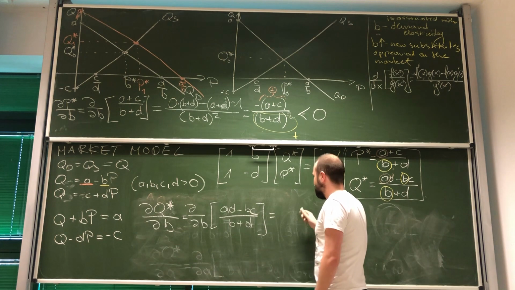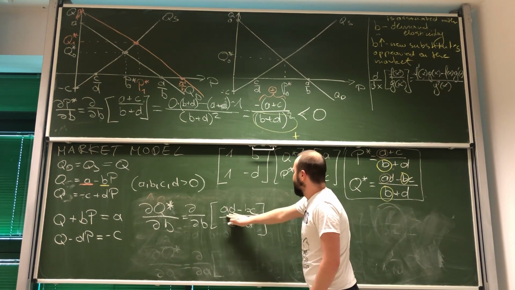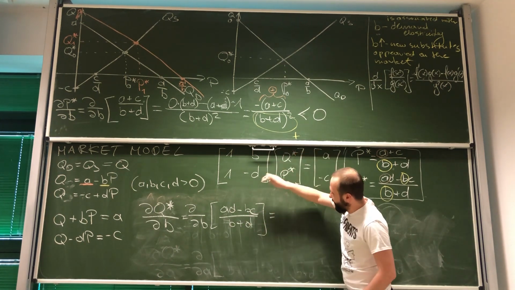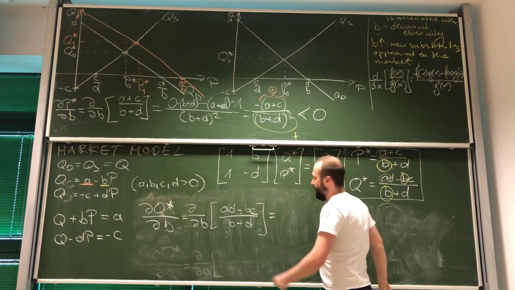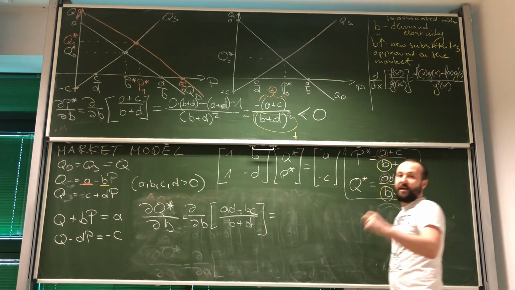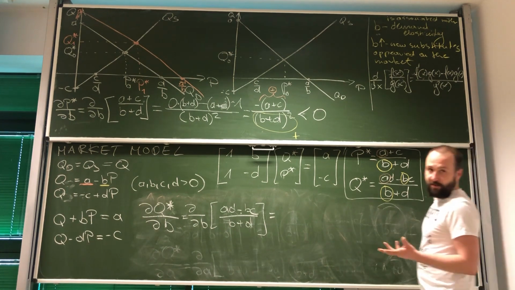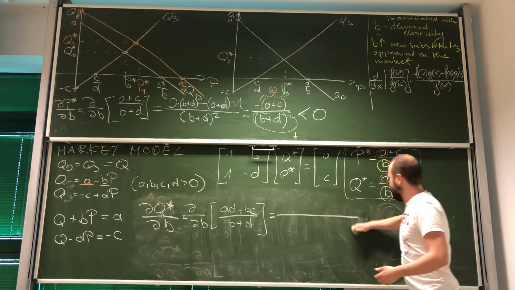A times D, again, the derivative of this is 0. However, look what we've got here. Here, we've got negative BC. So B appears both in the numerator and in the denominator. Right? We need to take this into account when we're going to be calculating the result.